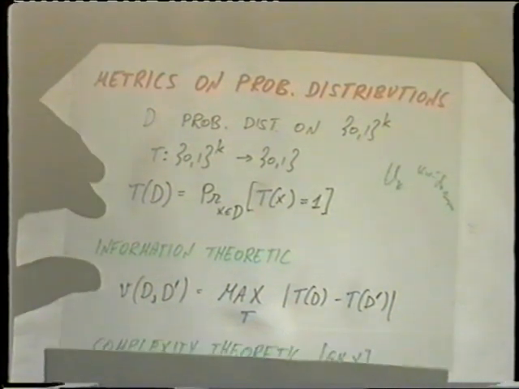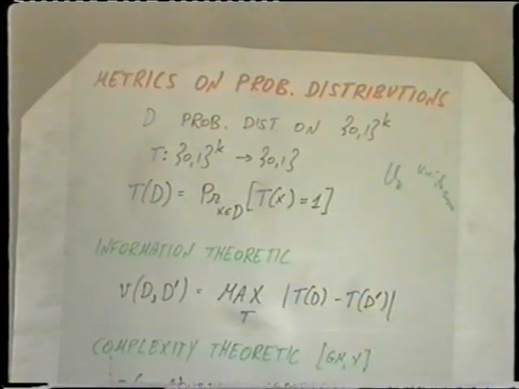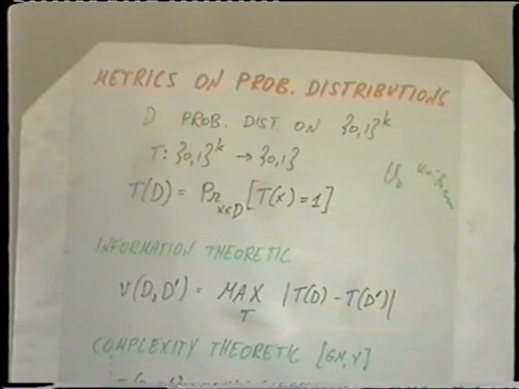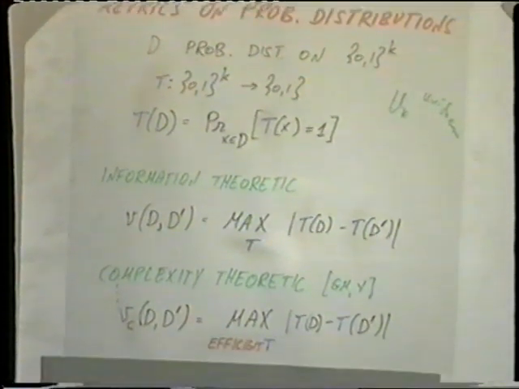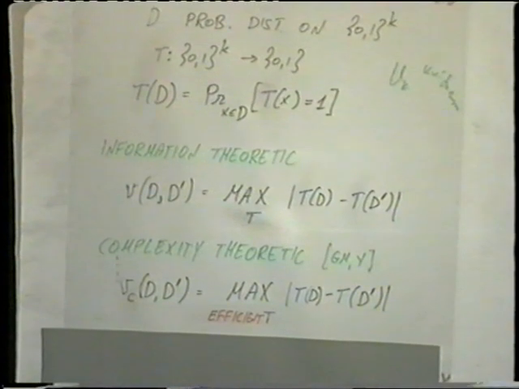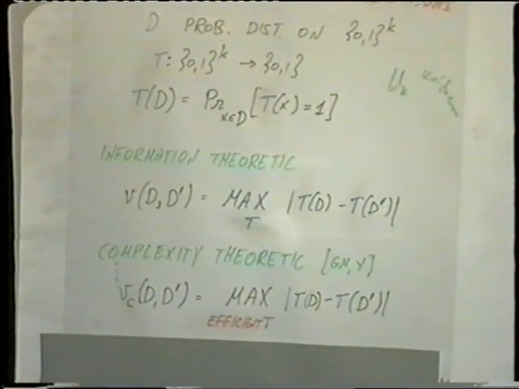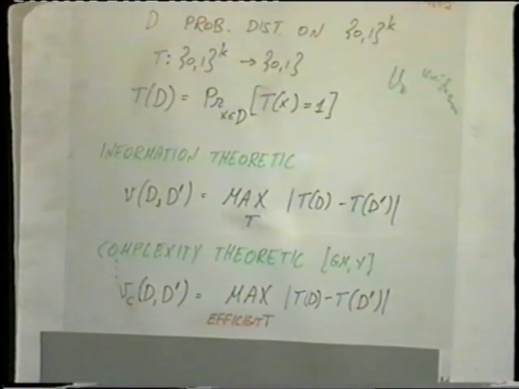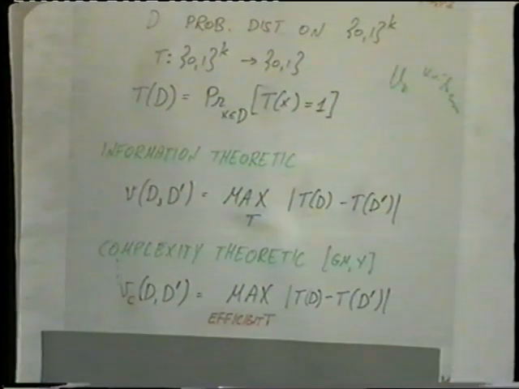The way we look at it is we allow only efficient tests. Because we can only implement efficient tests. We can only run a polynomial time algorithm on this distribution and say yes or no. That's our world. That's the only thing we can do.